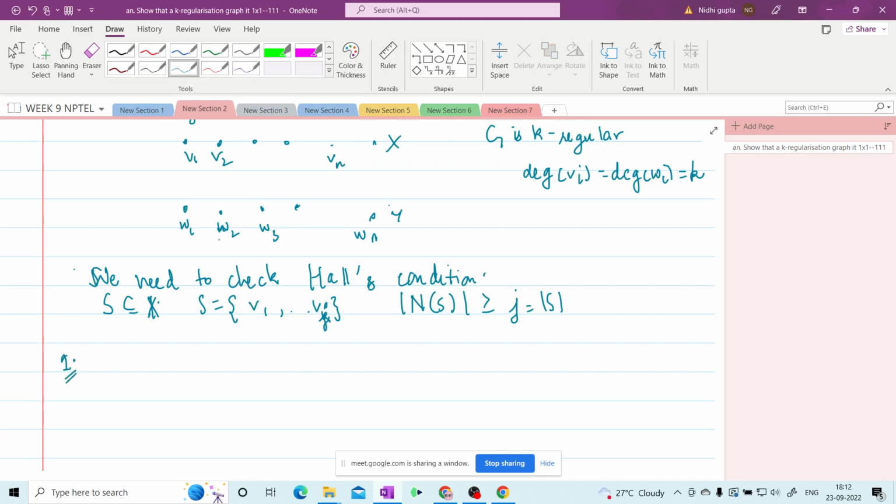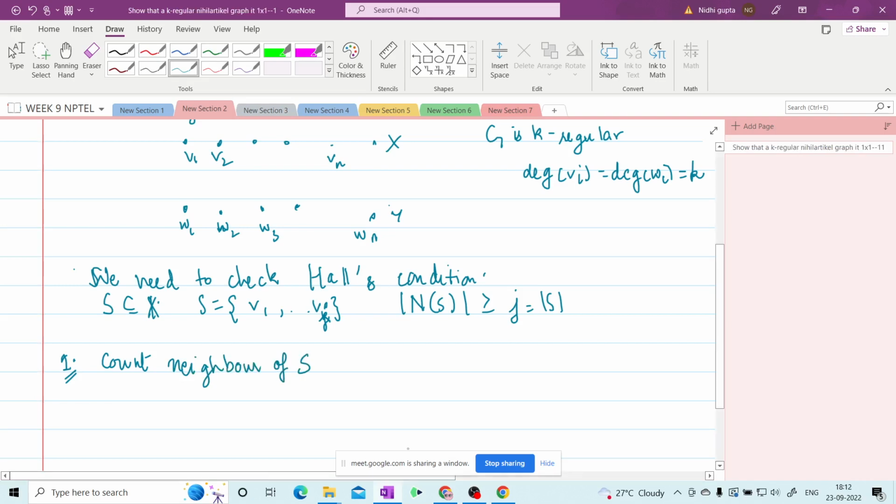So we want to count the neighbors of S. So first, let's count neighbors of S and allow repetition. That is, if any two vertices Vi have the same neighbor, then we are including it twice.